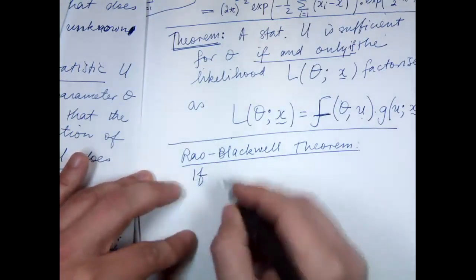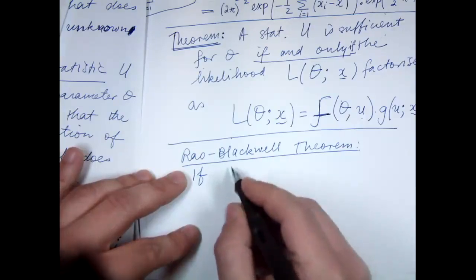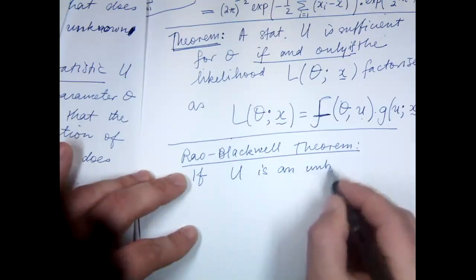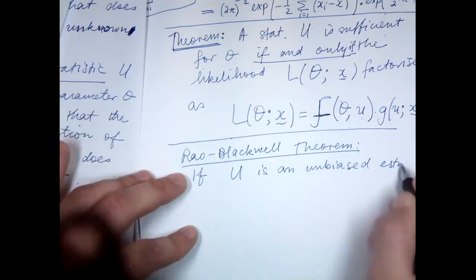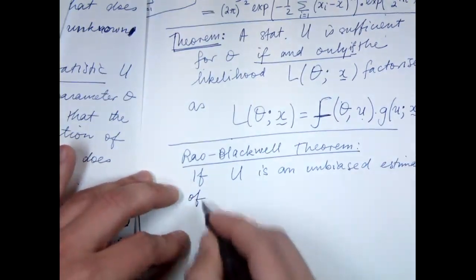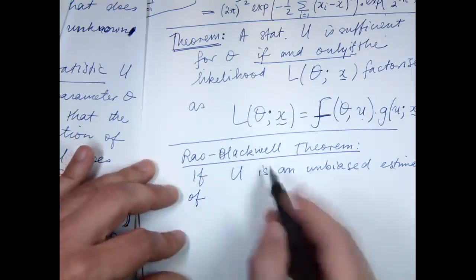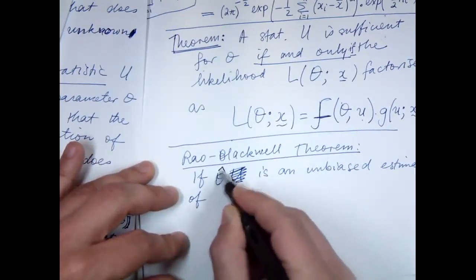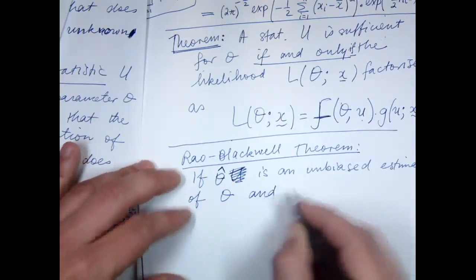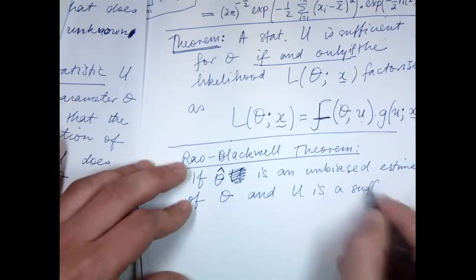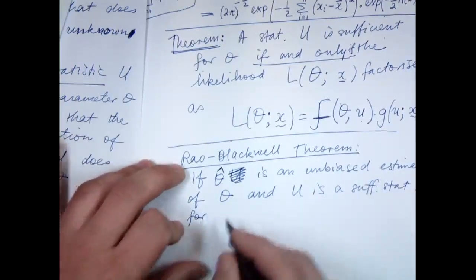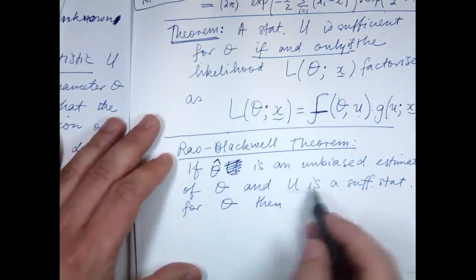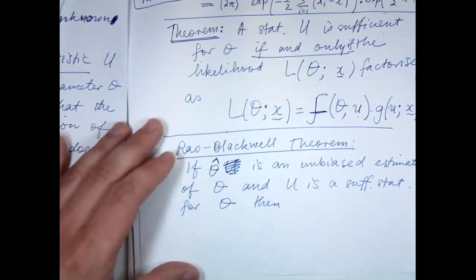So if, let's say, theta hat is an unbiased estimator of theta, and U is a sufficient statistic for theta, then, because theta hat is unbiased, I can compare it with efficiency, comparing the variance.